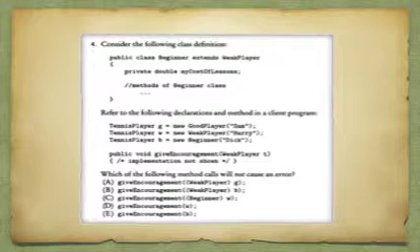Choice A tries to convert a good player into a weak player. Definitely it can't be converted, because there's no extension. So it definitely won't work.